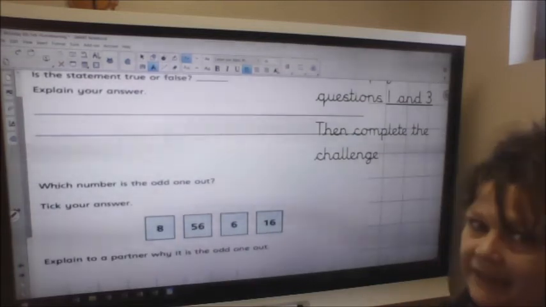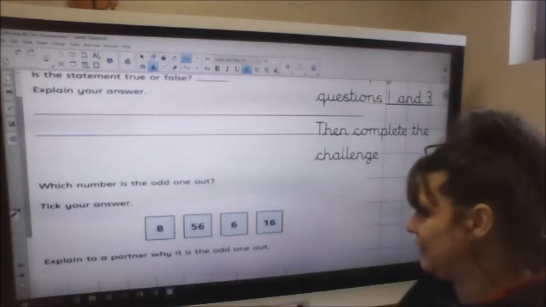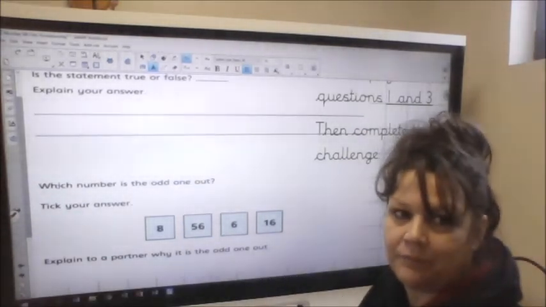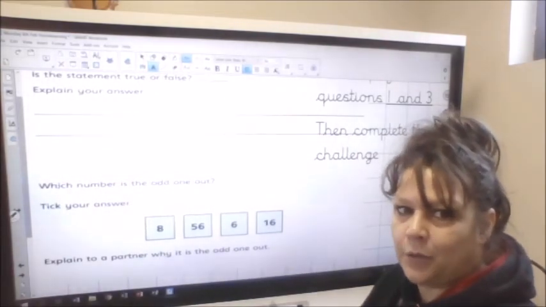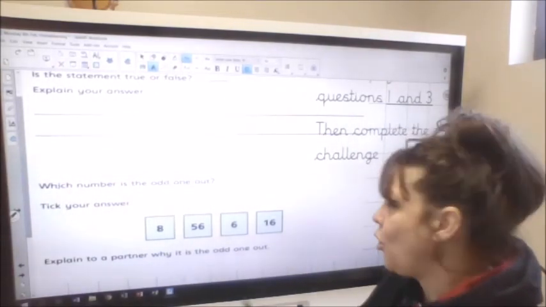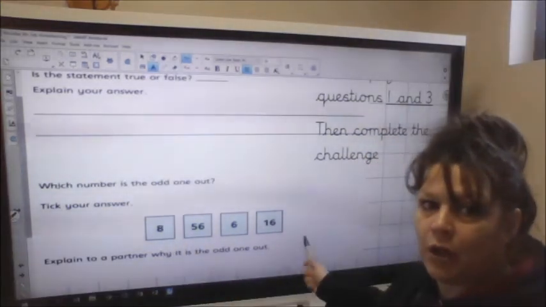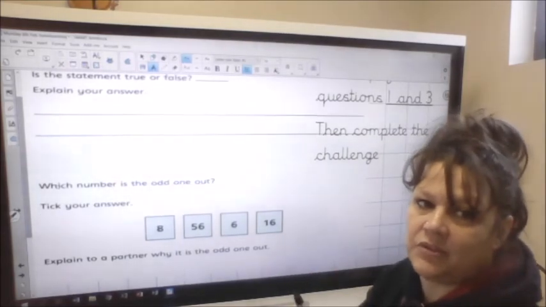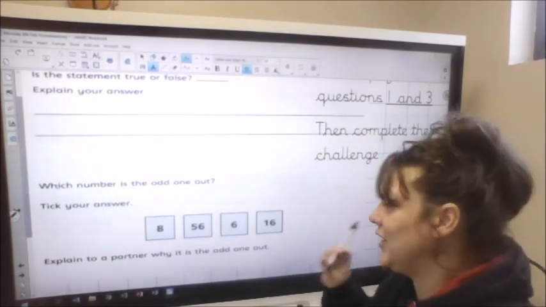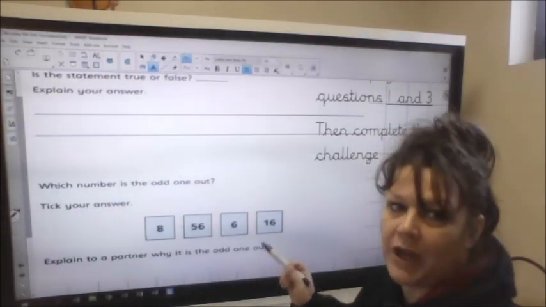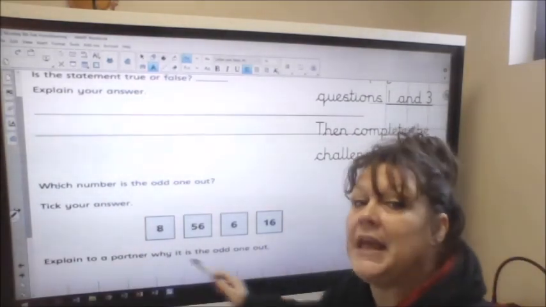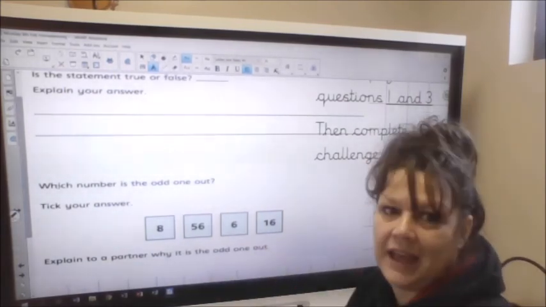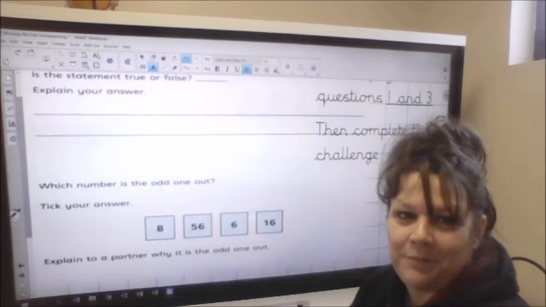Okay, so you've got 8, 56, you've got 6, and you've got 16. Okay, think about your times tables. Where do you see 3 of those numbers appear in a particular times table? And see if you can work out which is the odd one out. And you're going to tell me in a little sentence which is the odd one out. You've got to tick it and you're going to tell me why.